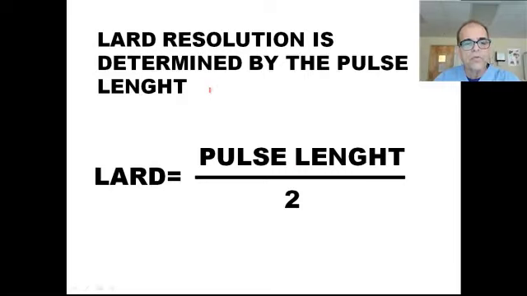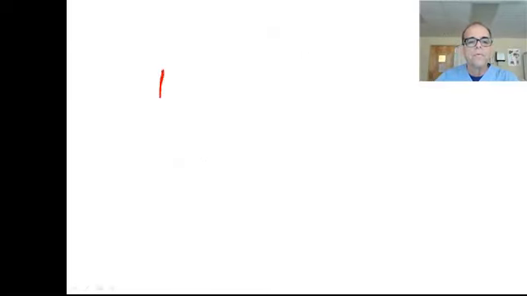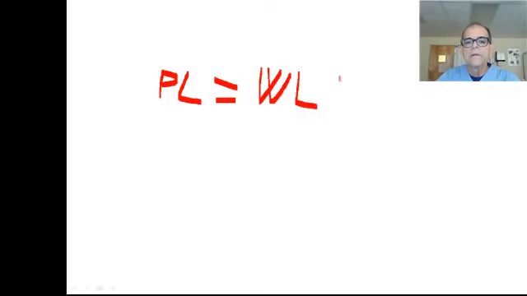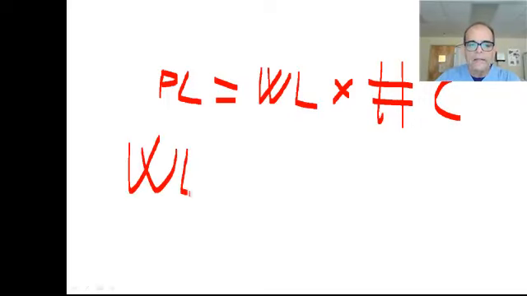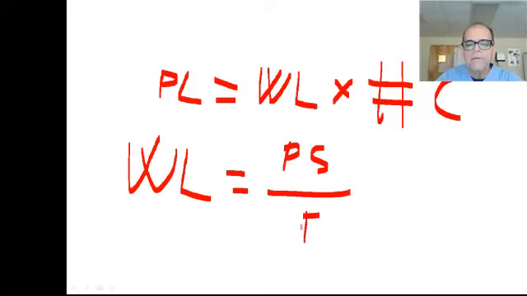To calculate pulse length, it is equal to wavelength multiplied by the number of cycles, and wavelength is calculated by propagation speed divided by frequency.